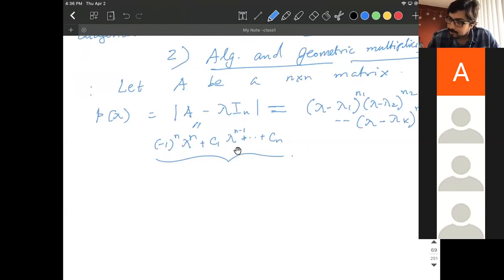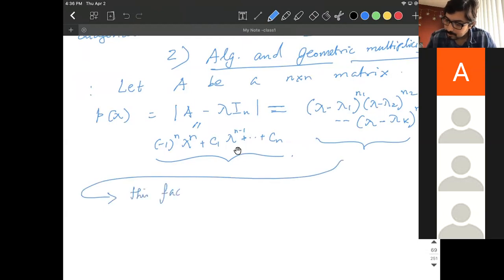So this factorization is over C, not always over the real numbers.